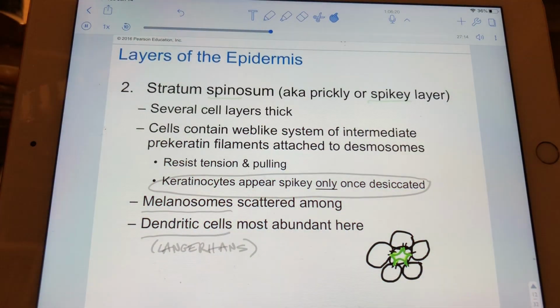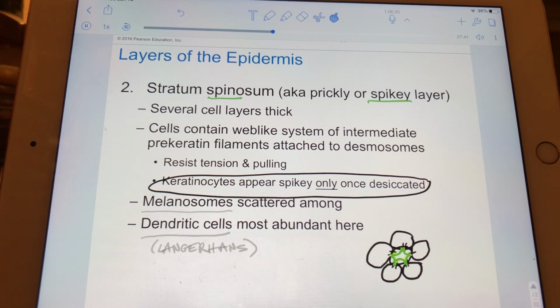And that's actually where the name of this stratum comes from, is that if these cells were allowed to desiccate, they would be spiky, or they'd have spines, which is, I agree, silly, but that's where the names come from, okay? So the name really just refers to keratinocytes once they're desiccated, which is goofy.